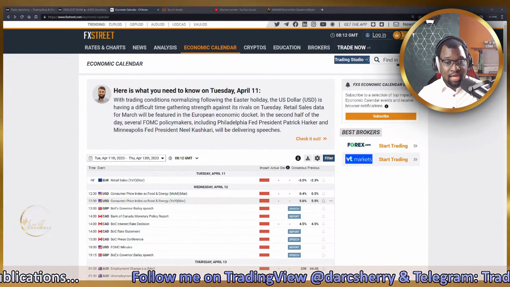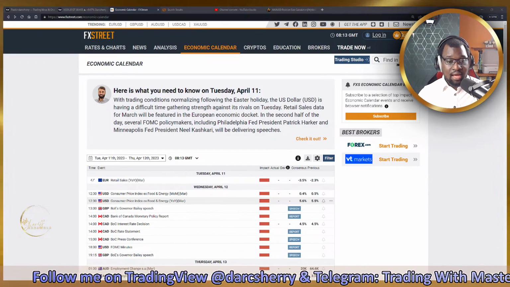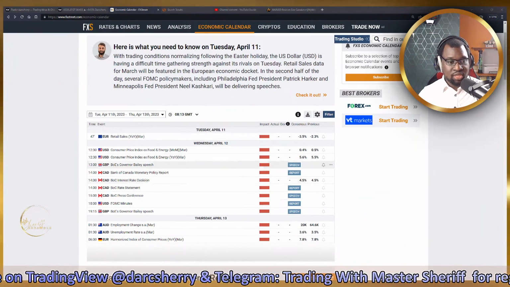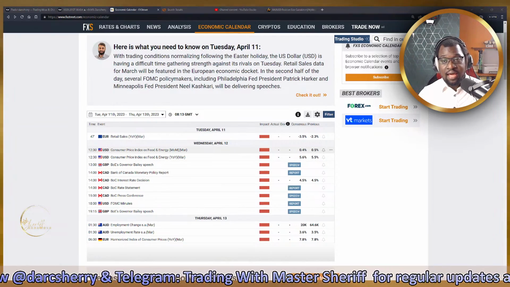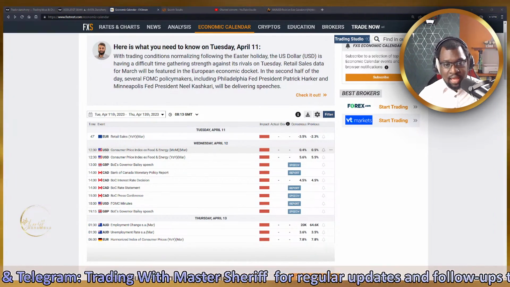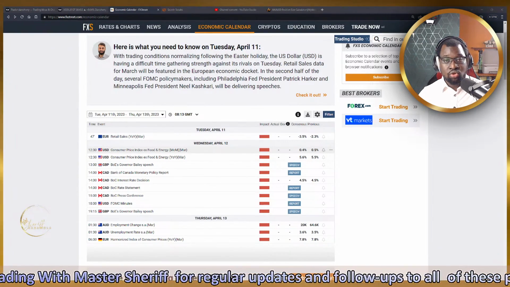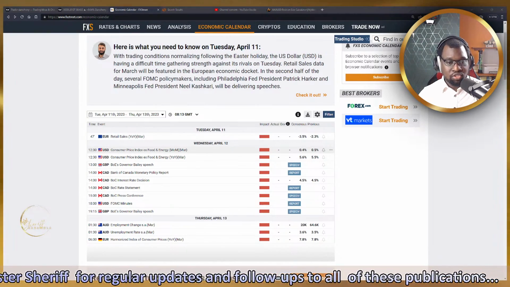Looking at the calendar today, Tuesday, April 11th, we do not have any macroeconomic event to look forward to today. The only one we have here is for the euro, and since we don't have any of the euro pairs on our watch list, we shall be skipping the economic calendar today and diving right into the market structure, using our technical skills to take a position.